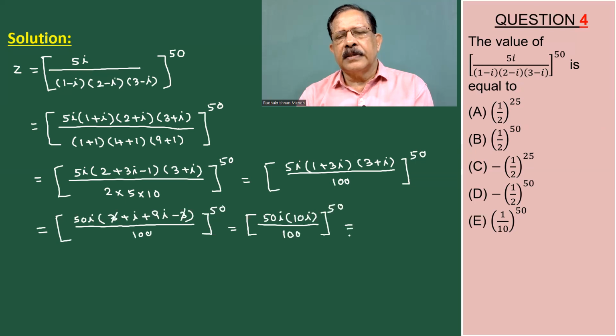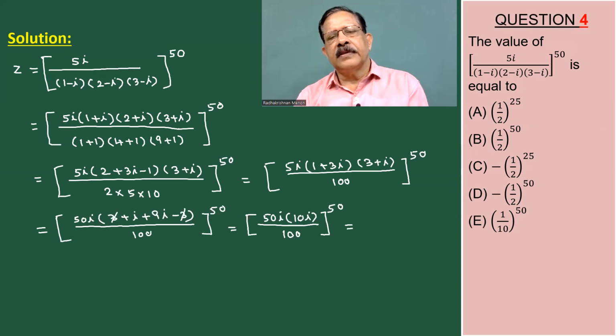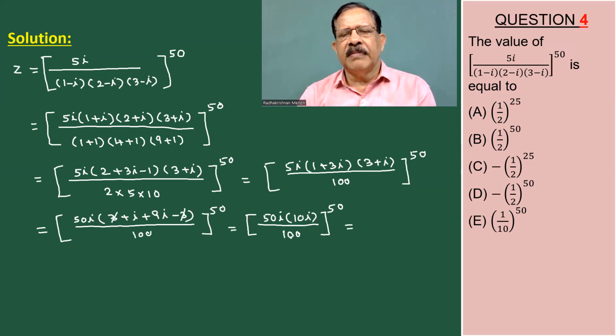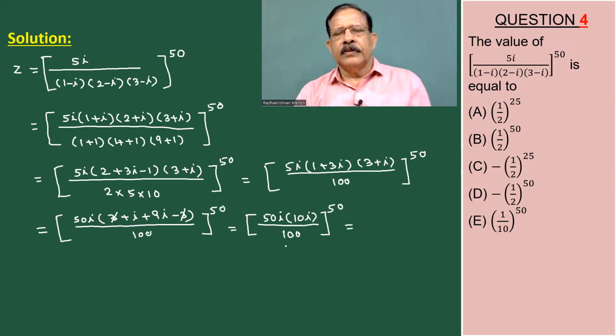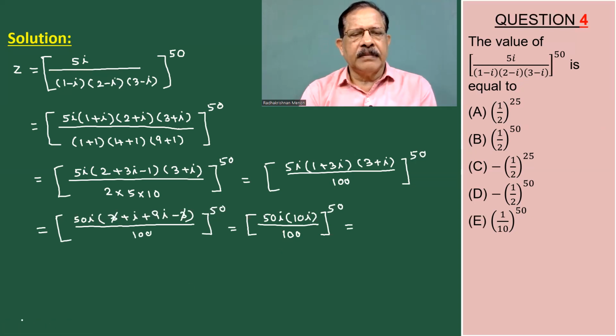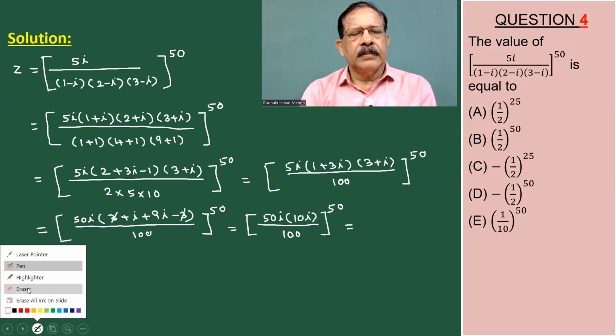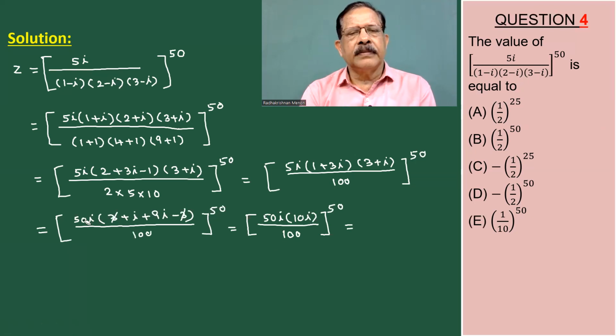So when you simplify, 50 by 100 is 1 by 2. It's not 50, it is 5, sorry. So here it is 5.